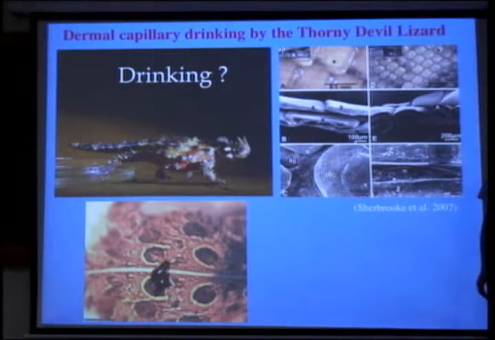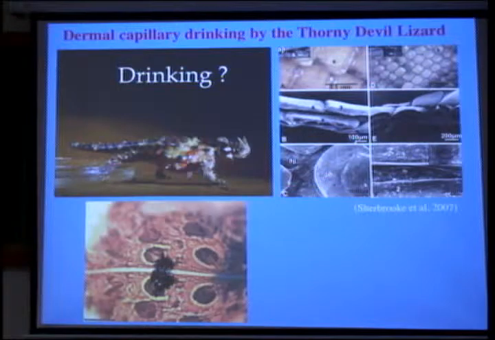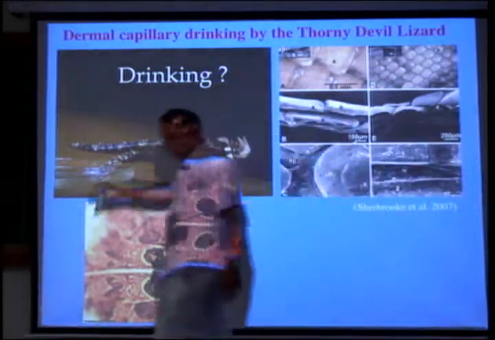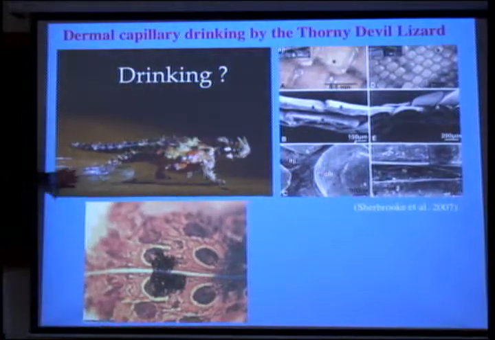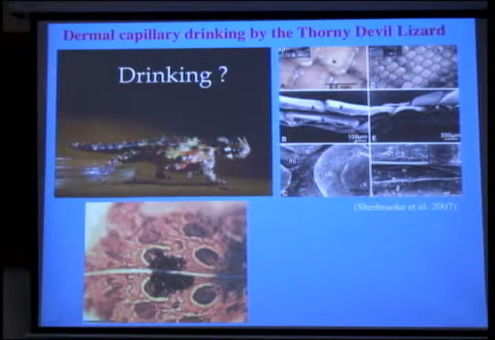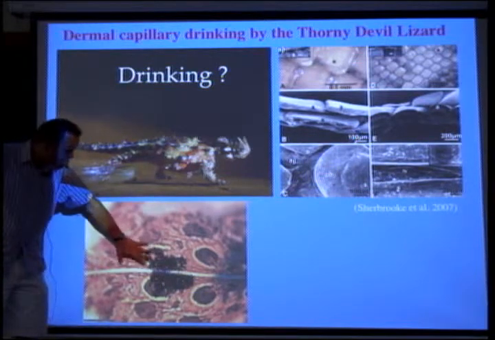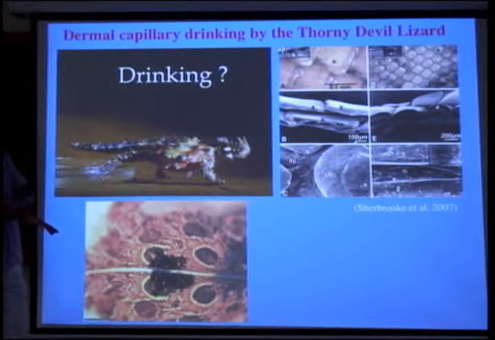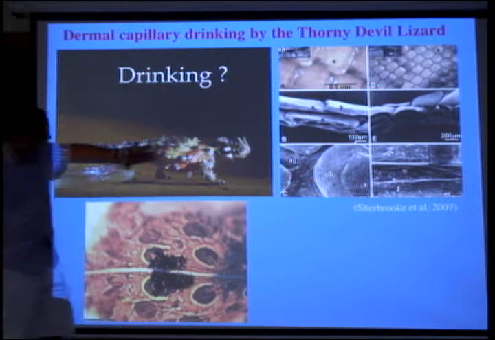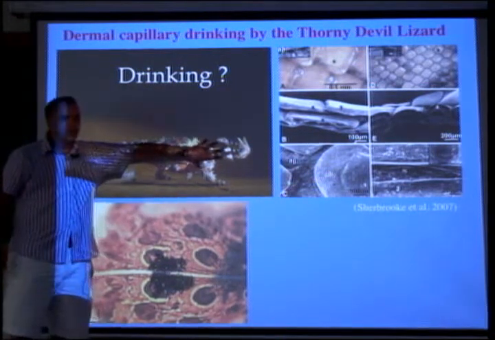Okay, so this is a thorny devil lizard which ingests fluid. So it's drinking right now. It just sticks its leg in the water, and water wicks up through capillary action. Its skin, as you can see, has a fine network of fractures, and water is drawn spontaneously up into its mouth.